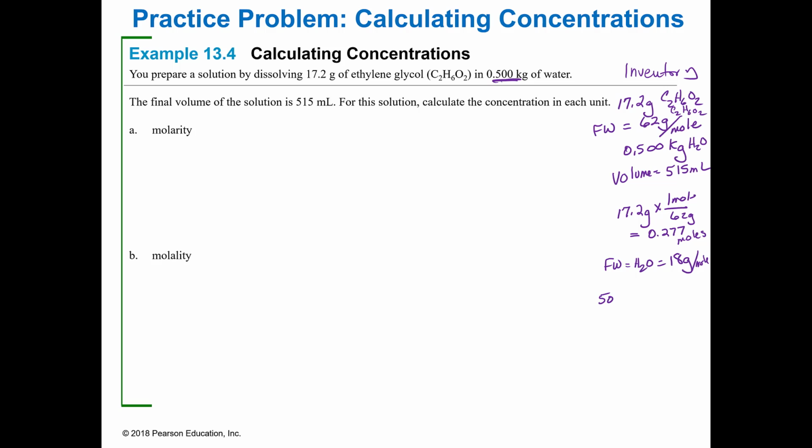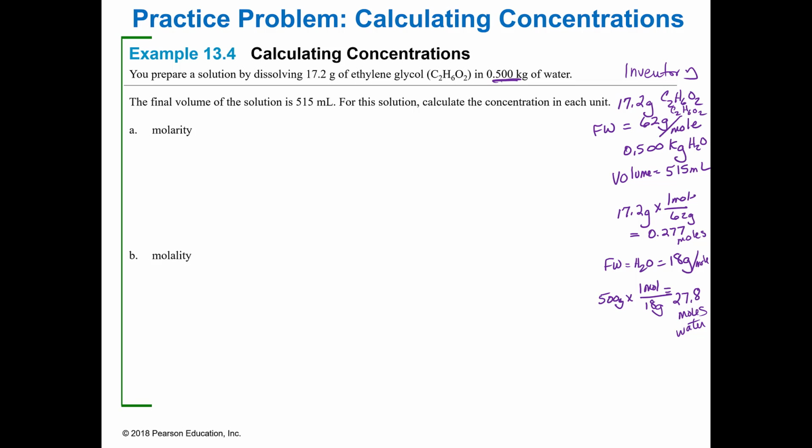So 500 grams times 1 mole is 18 grams gives me 27.8 moles of water. That's important because I may have to know total moles.